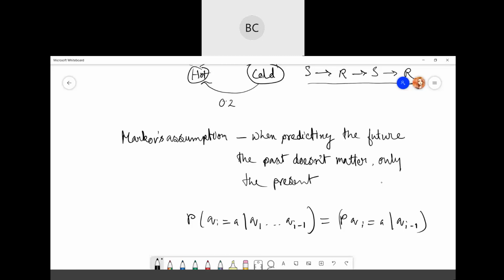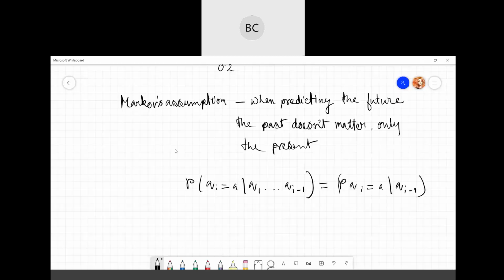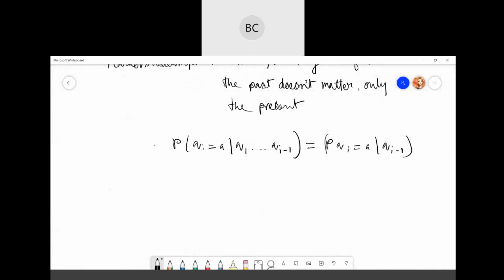So a hidden Markov model allows us to talk about both observed events and hidden events. That is where the name comes from. So it gives you two things. One is observed events. Observed events are whatever words we give as input.